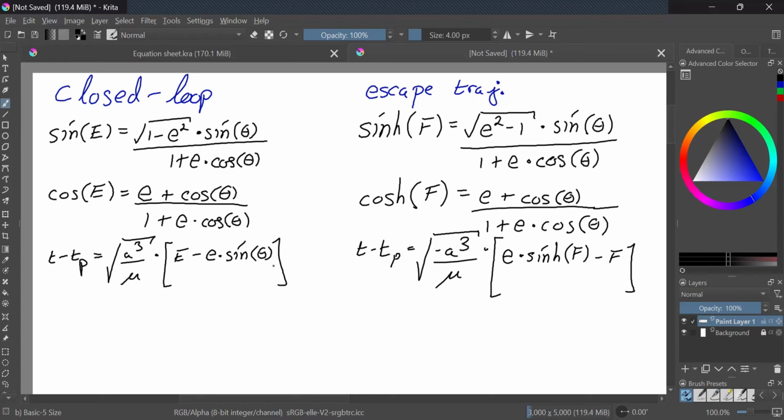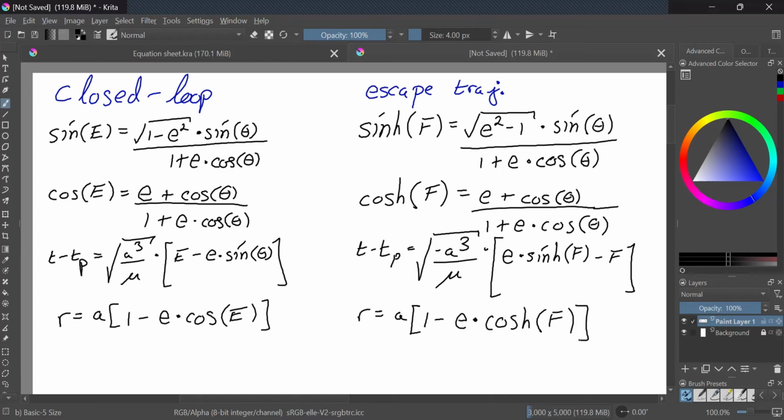One last thing to cover, we have the radius, which for the closed loop, looks like this. And for the escape trajectory, it's going to look like this, where it's virtually the exact same, except we're using, again, the hyperbolic cosine function.